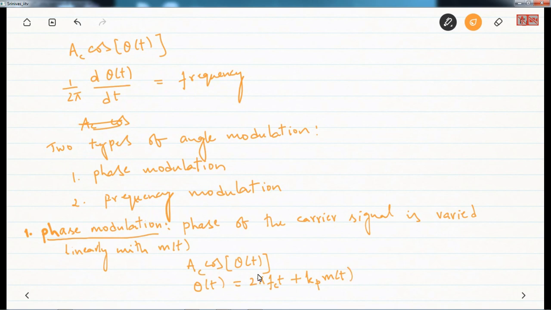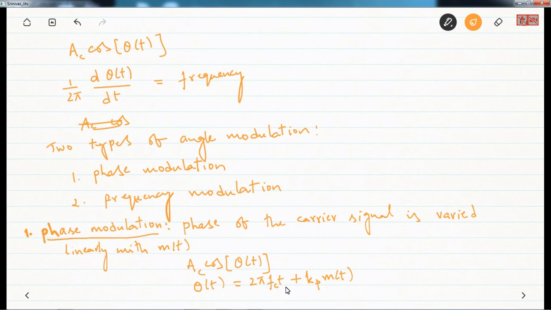So we know that the carrier is AC cos theta of t, or when there is no modulation, it is AC cos 2 pi fct.